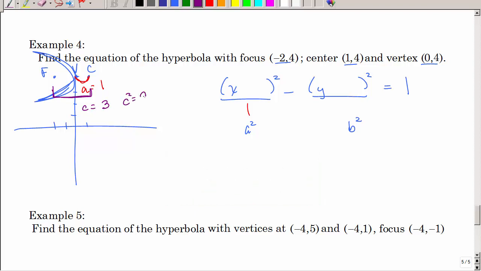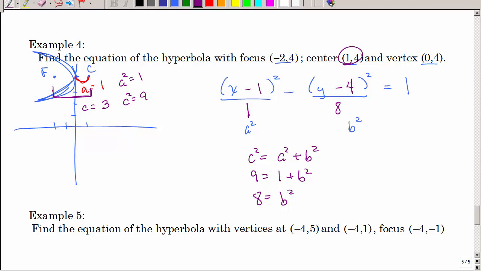So C squared is 9, A squared is 1. I have that relationship. So I know that's 8, that's 1. What's the center? Well, they told me that. So x, y, h, k. That's it. Don't make it more complicated.